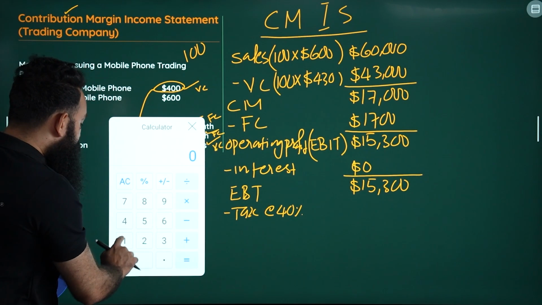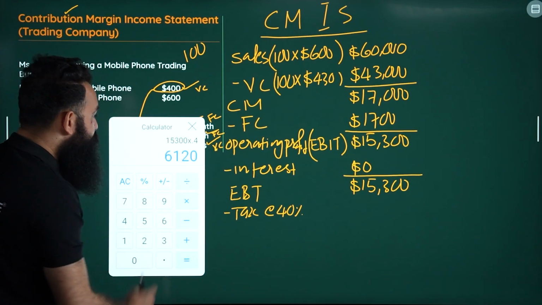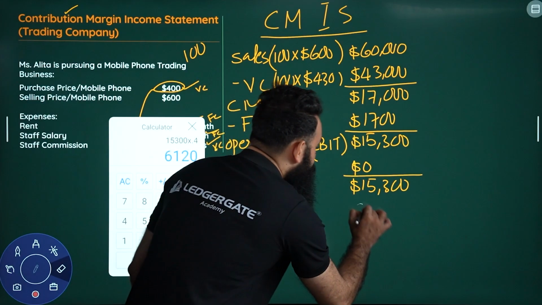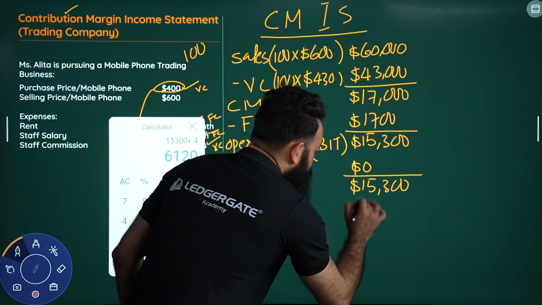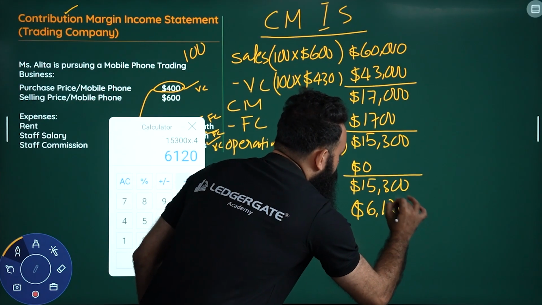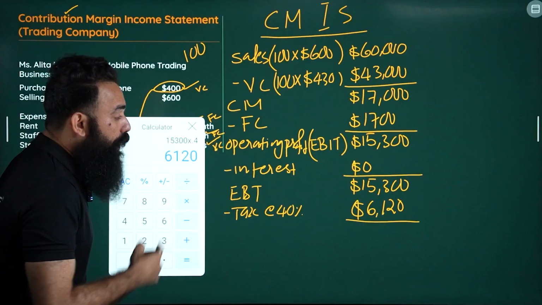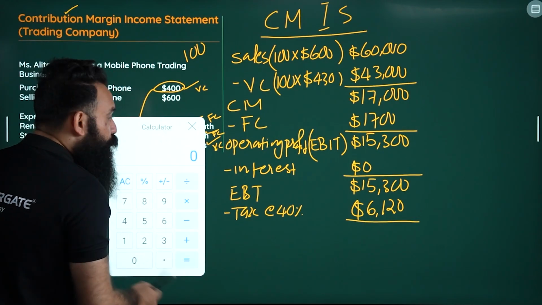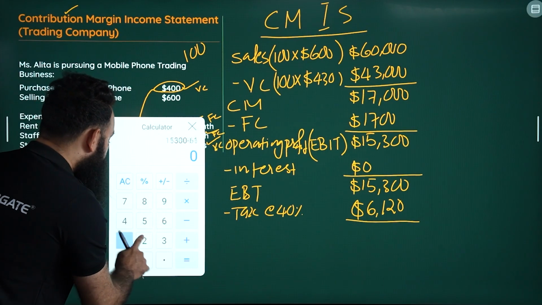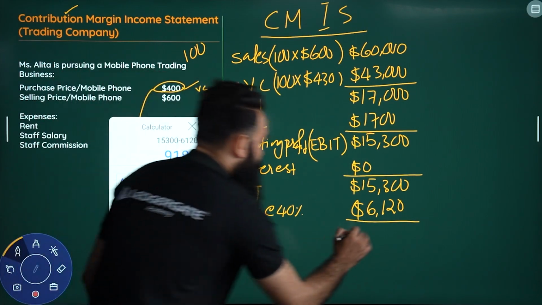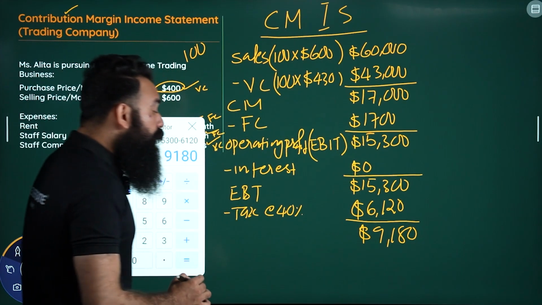Let's say 15,300 into 0.4. You would say 6,120 would be our tax amount. Tax amount we have to pay. While we deduct 6,120 from 15,300, it is 9,180.